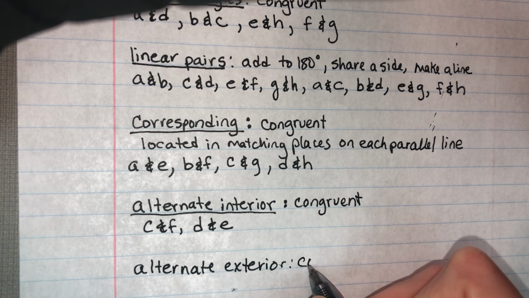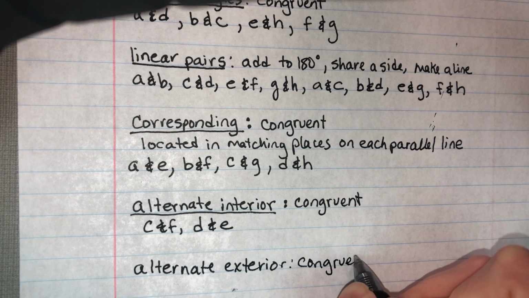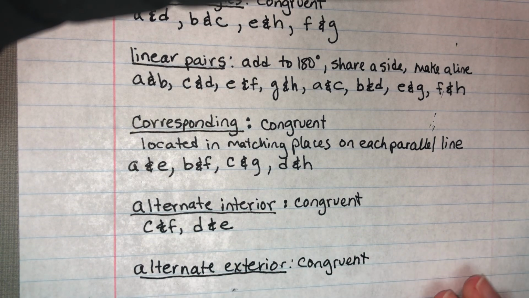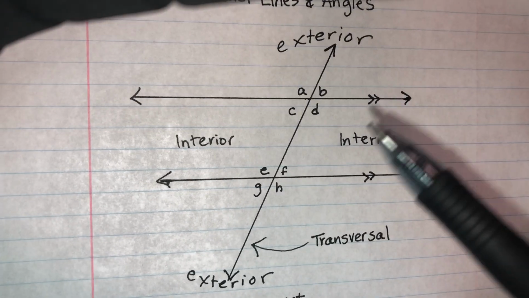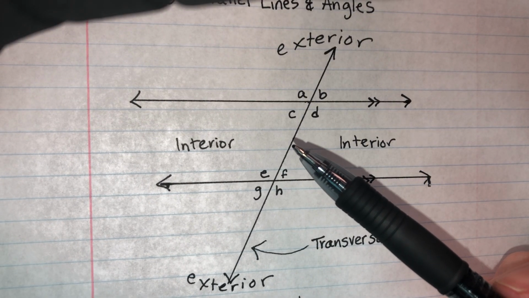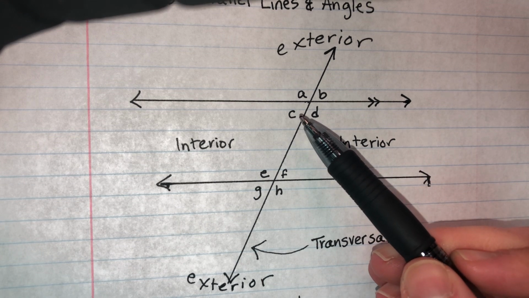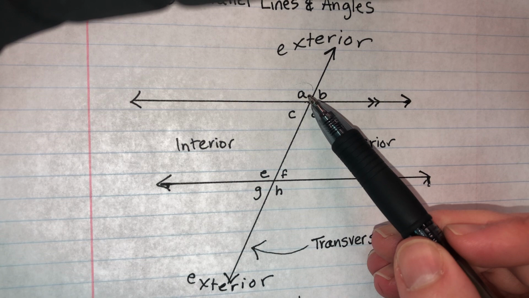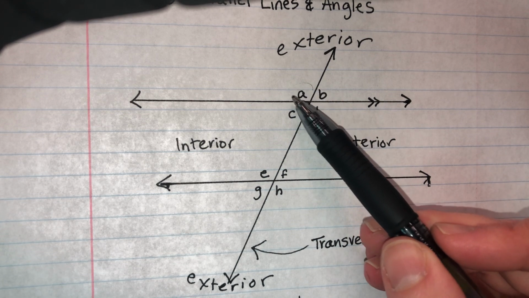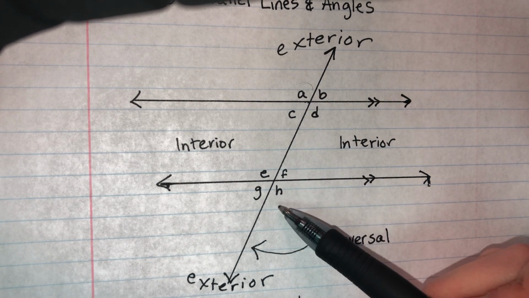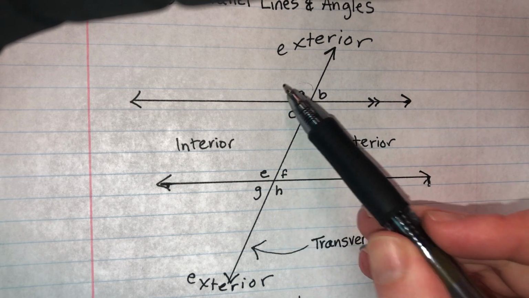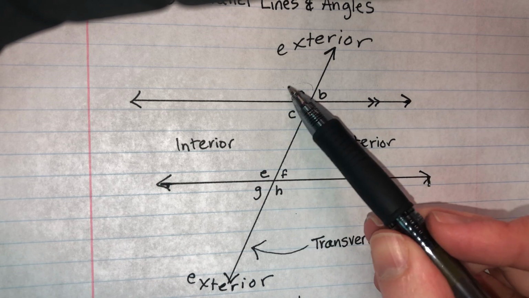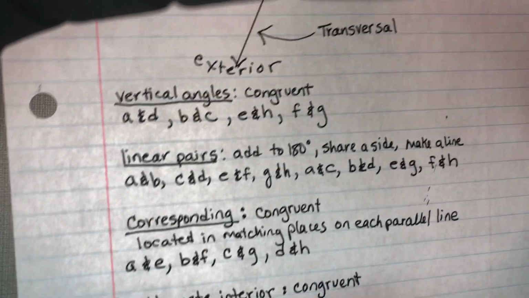And these are also congruent angles. Okay? So angle A is exterior. Which one is alternate exterior with angle A? It's angle H. These are on catty corner outsides of the parallel lines from each other. They're both obtuse and they are congruent, A and H.